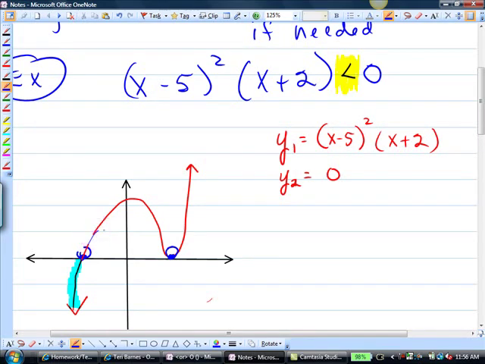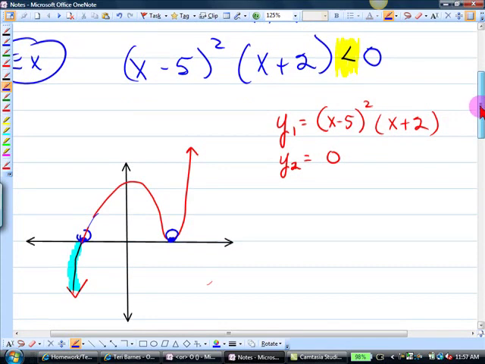and you should get some sort of sketch that looks like that, and you want to be able to sketch that out on paper in order to help you read your answer. Okay? And what you want to do is find the place that it hits the x-axis.